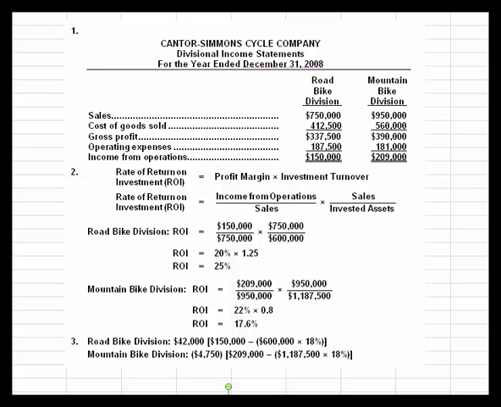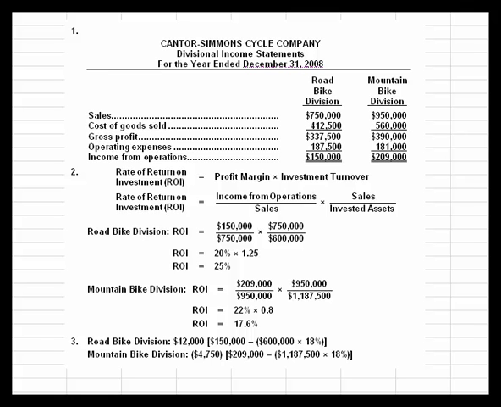For instance, on the basis of the rate of return, the road bike division earned 25 cents on the dollar, or 25%, for every dollar invested, while the mountain bike division only earned 17.6%.